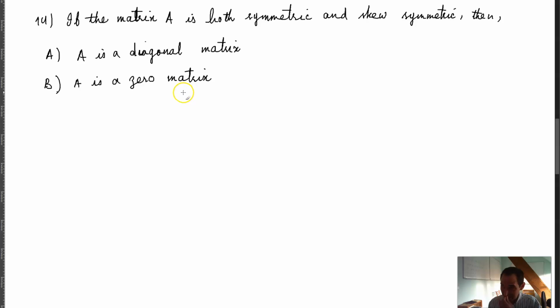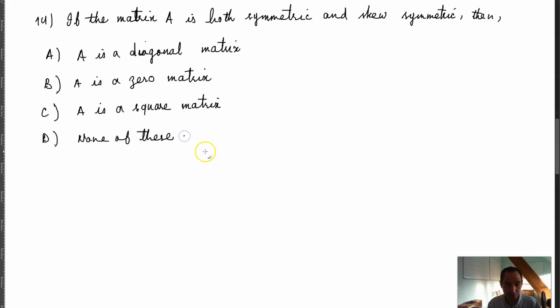Choice C, A is a square matrix. And choice D, none of these. Right?